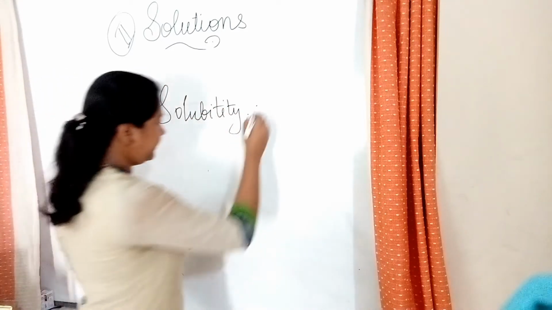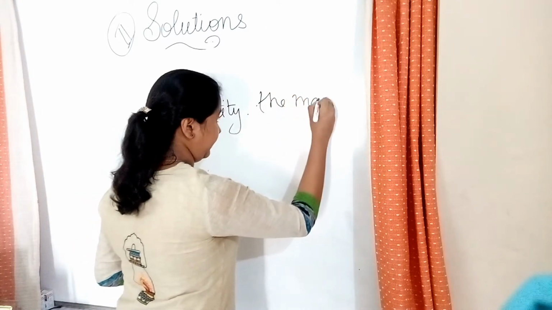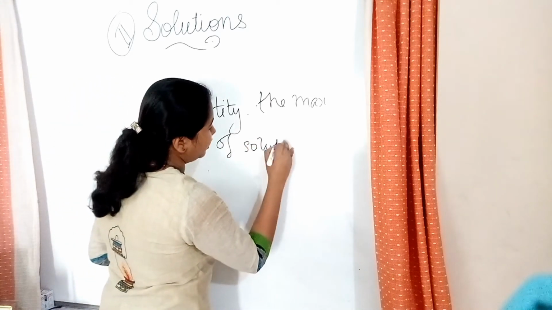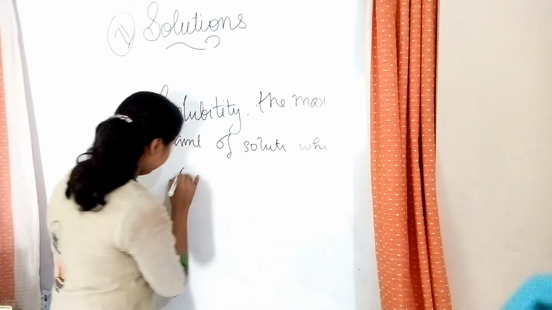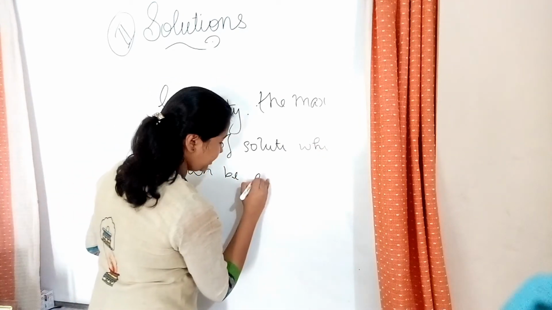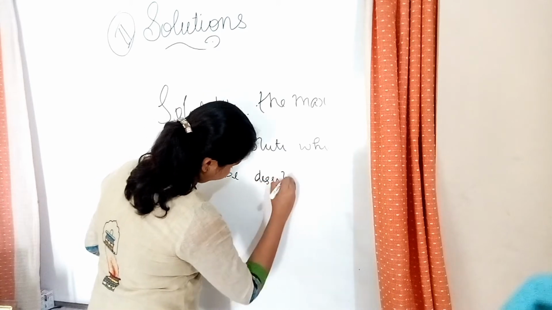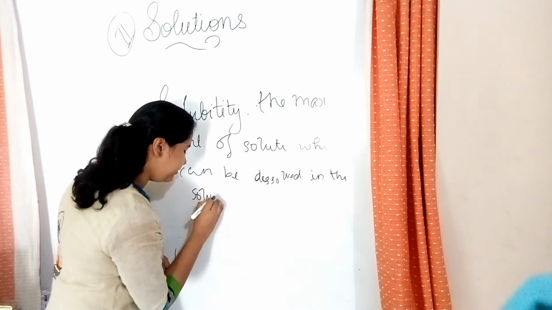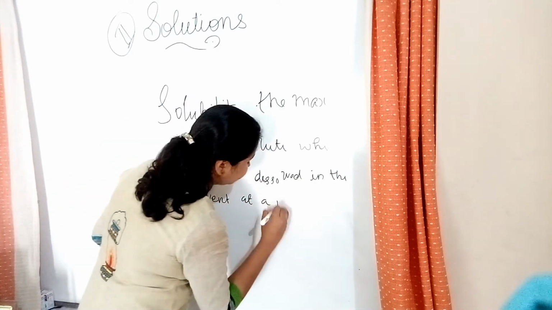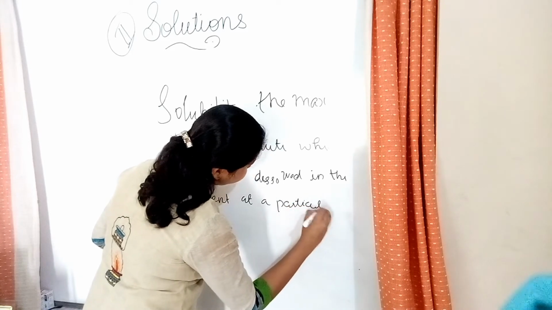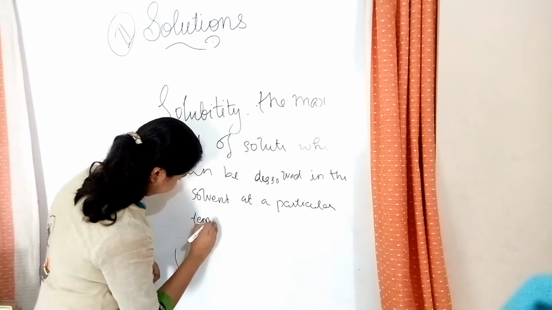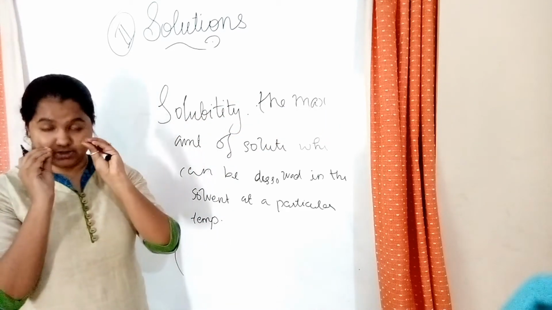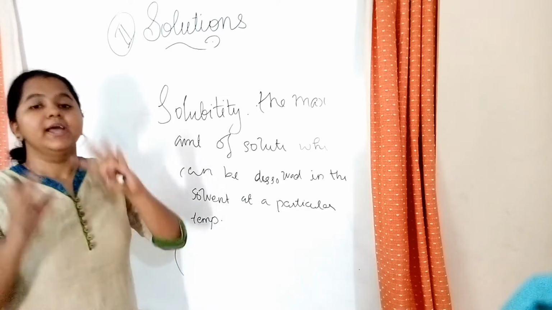The maximum amount of solute which can be dissolved in the solvent at a particular temperature. So solubility is the maximum amount of solute that can be dissolved in a solvent at a given temperature.